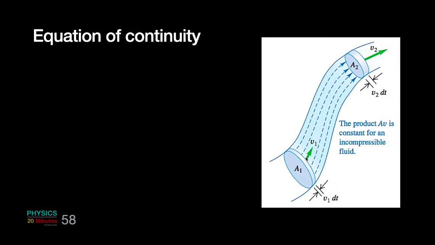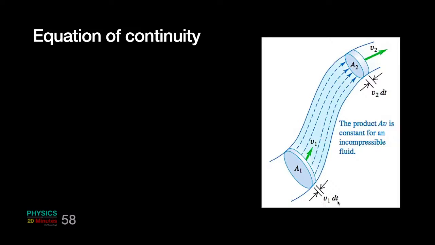Now, if the velocity here is v1, the question is, in a small time interval dt, how much would be the displacement of this cross section of fluid? So the displacement of this cross section of the fluid in time dt would be v dt, or in this case it will be v1 dt.